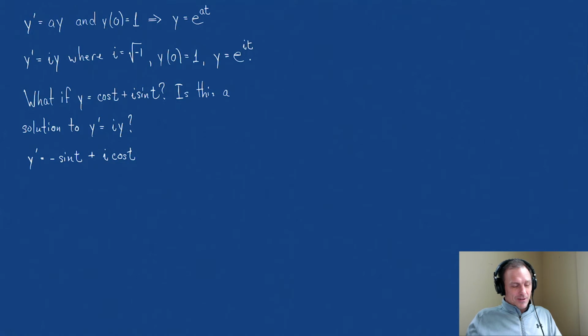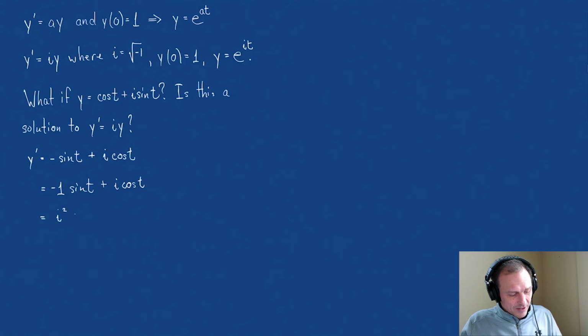Or is it? Look at this. Let's think about what -1 is. Well, this is really just -1 times the sine of t plus i cosine of t. But wait a minute, -1, that's the same as i squared times the sine of t plus i cosine of t.